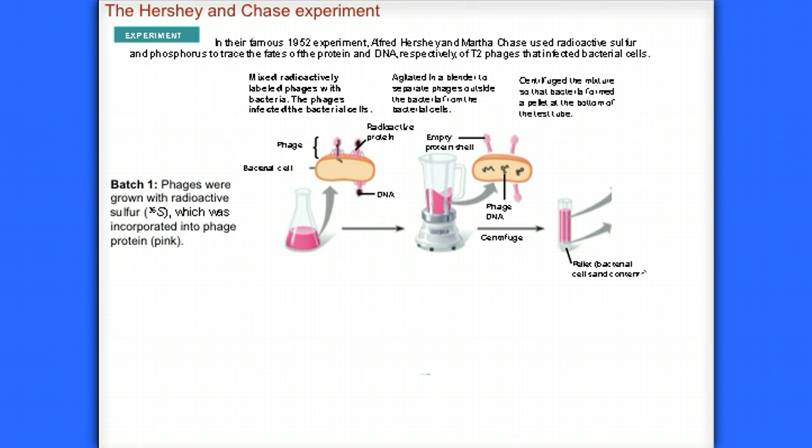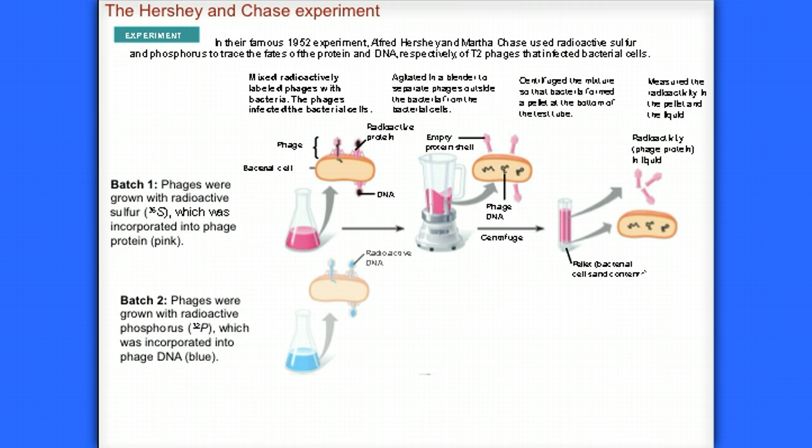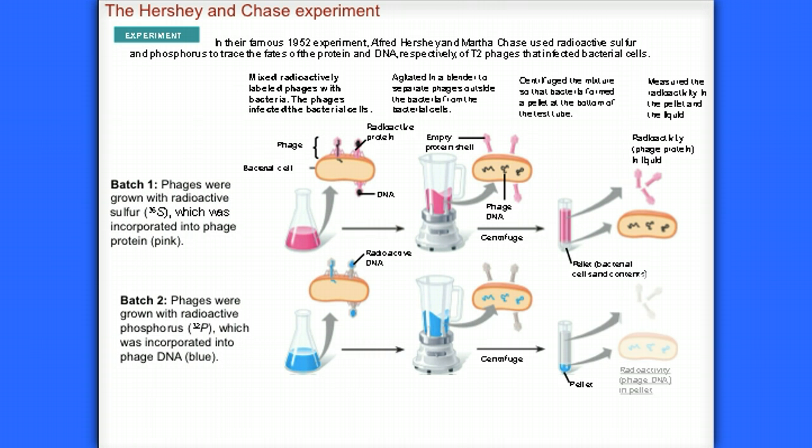Therefore, this Hershey Chase experiment is very famous by the name of Blender's experiment. And in fact, they got this blender from their neighborhood, because they were not in their lab and they had gone for their vacation somewhere, but they wanted to perform this experiment. What a famous Blender's experiment of Hershey and Chase.